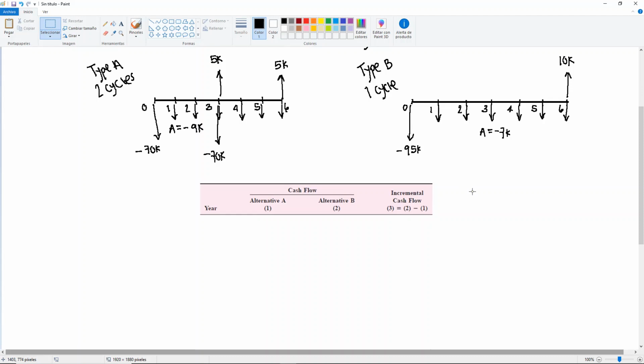We must order them based on the initial investment, the P. Alternative B will be the one with the highest initial investment, so in this case, it's going to be Type B. That makes alternative A, Type A. And then we're going to have our incremental cash flow column over here, which is Type B minus Type A.